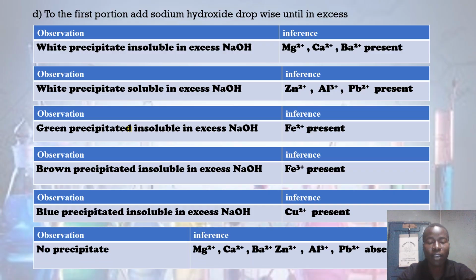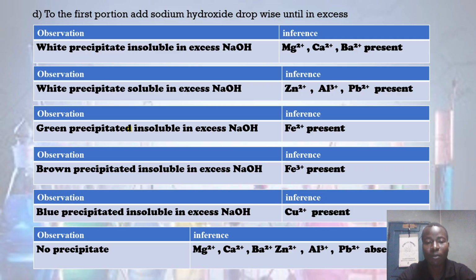Then we have a case whereby you are adding in the sodium hydroxide from the first drop up to the last drop. You were expecting a precipitate to be formed, but there is no precipitate forming from the beginning till the end. In this case, you should talk about the ions that you are expecting to form the precipitate being absent.